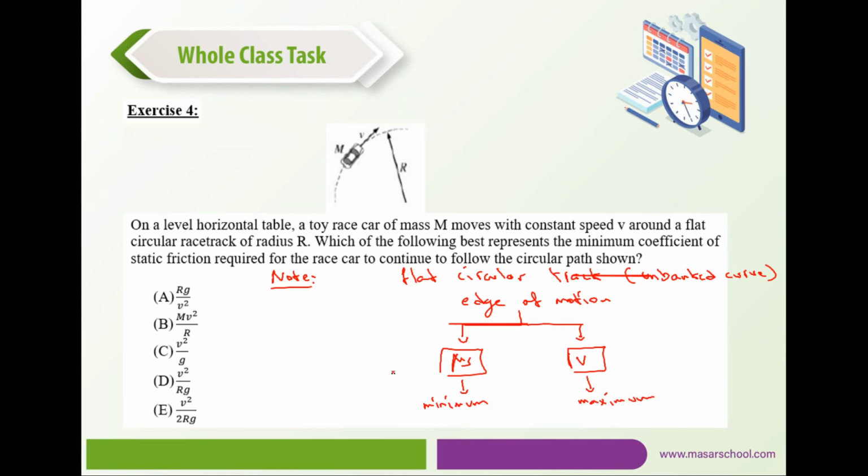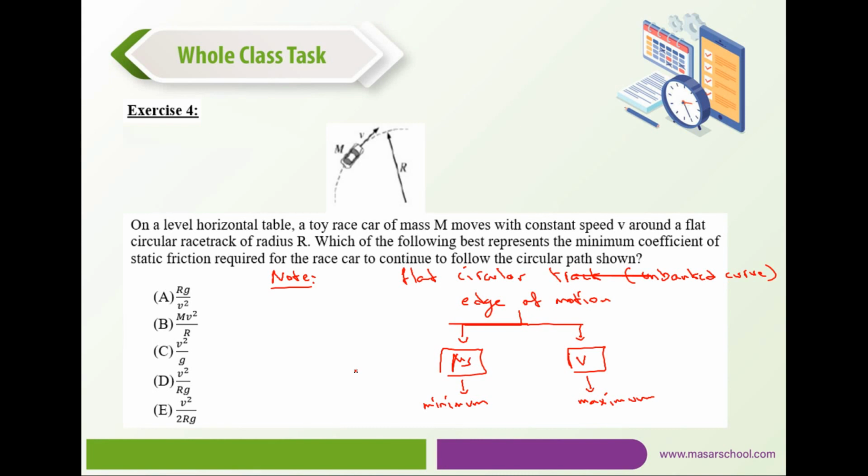Because we need friction in order to maintain this motion. So we're asking about the minimum value of friction. So this is reasonable. However, for speed, because we know that as the speed increases, the car might skid along the centripetal direction. For this reason, we say the maximum allowed speed.